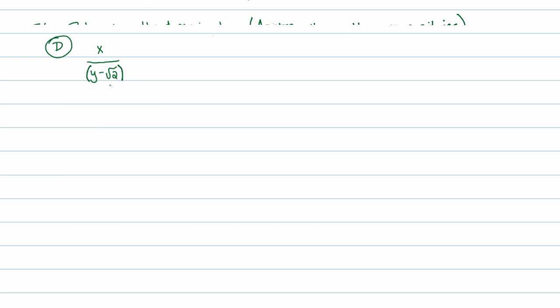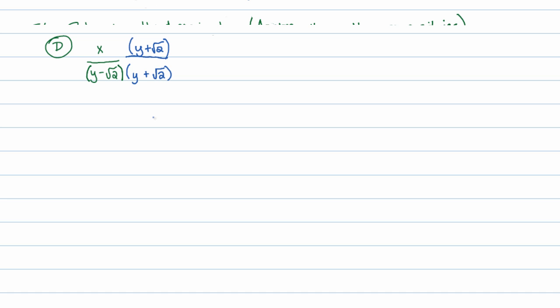Well, the idea is to multiply it by its conjugate, y plus the square root of 2. The reason why is not so apparent at first. Actually, maybe it can be apparent. If you think about the way back in the day when we were doing factorizations, we came across a difference of squares.